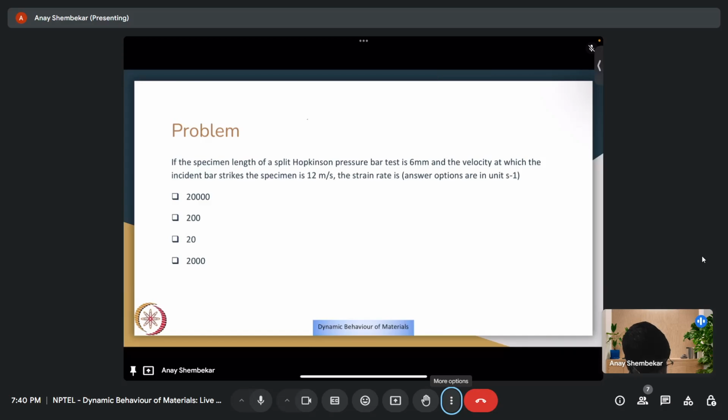I'll just draw a schematic. You have a gas gun which connects to a striker bar.